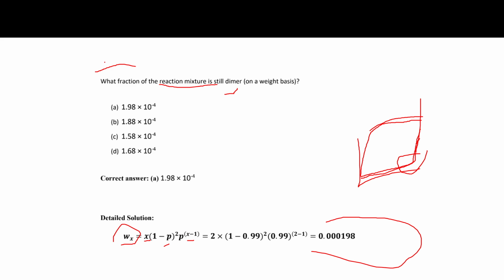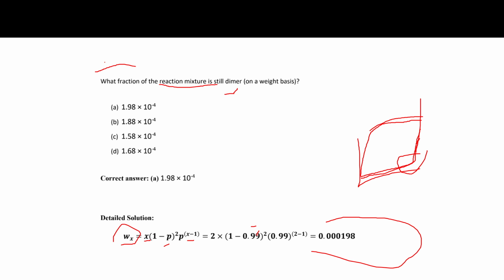For question 6, they ask about a mole basis trimer question, and we took 0.95. For question 7 also we considered 95% only, but we got the wrong answer. No, here you have to take 95, not 99.